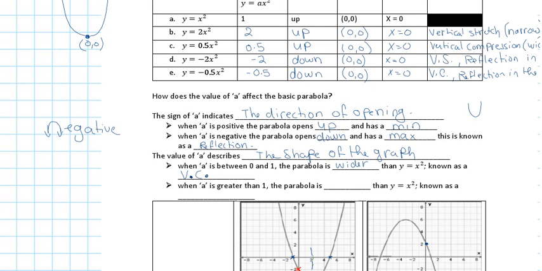Okay? Wider, right? It's a vertical compression. If A is greater than 1, the parabola is narrower than y equals x squared, and it's known as a vertical stretch, narrower.